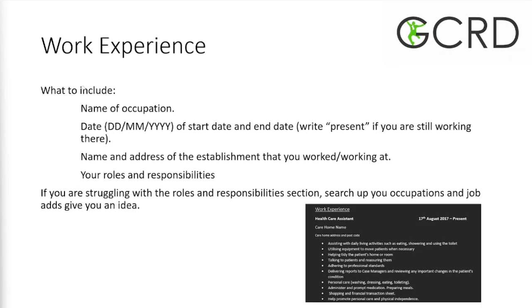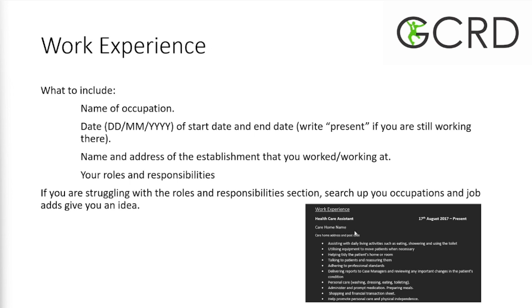So for your work experience section, you need to include the name of the job that you did. For example, in this case, healthcare assistant. The exact date, so your day, your month, and the year that you started, and also when you ended. In this case, it says present because this example person over here is still working at the job.